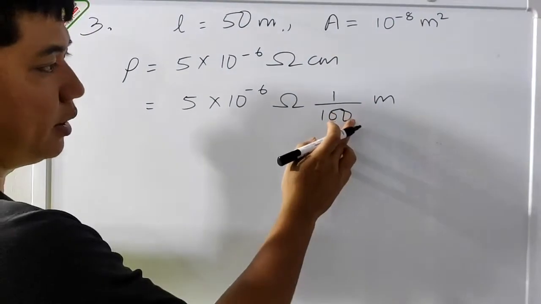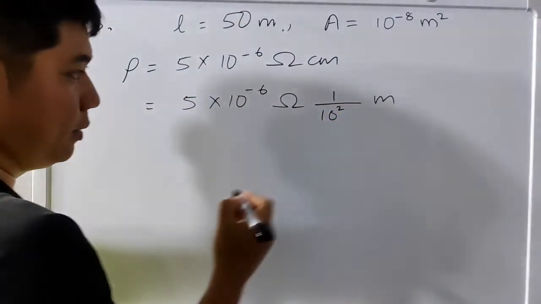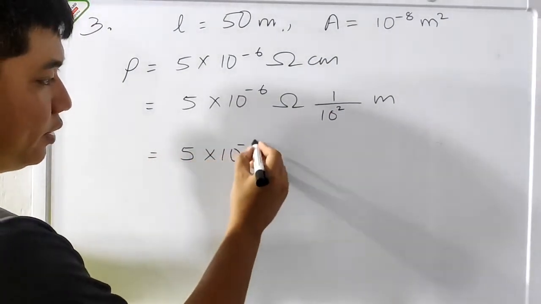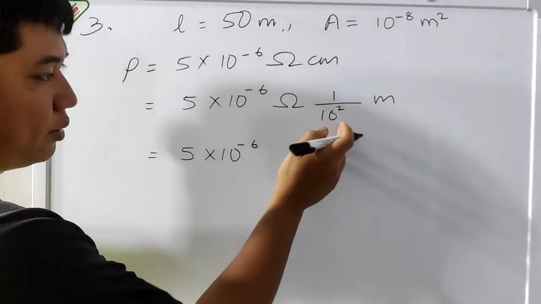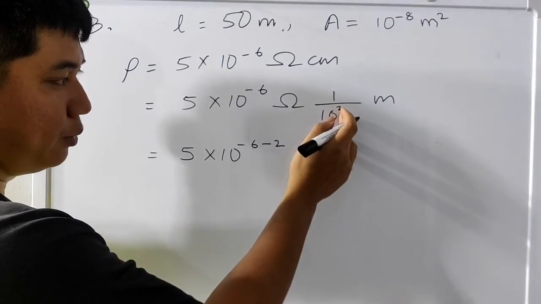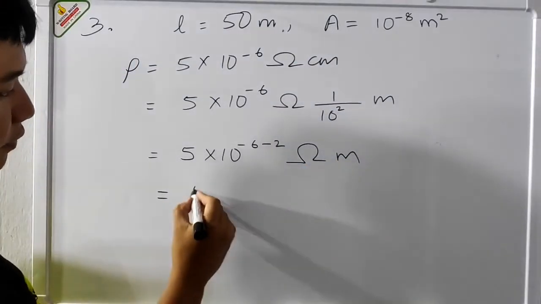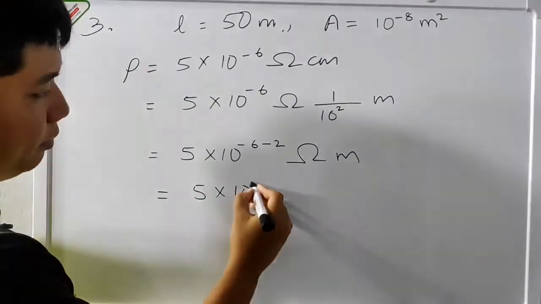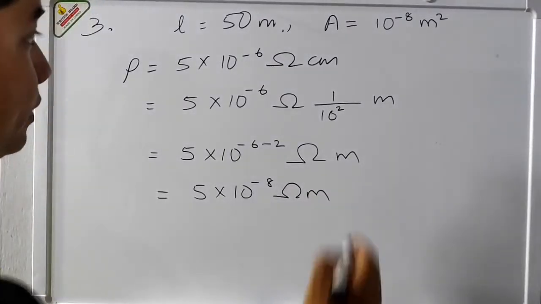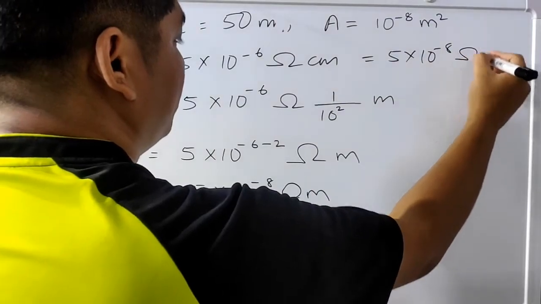It is 10 square. So 5 into 10 power minus 6, if we take this up, plus 2 becomes minus 2, ohm meter. Then we get 5 into 10 power minus 8 ohm meter.